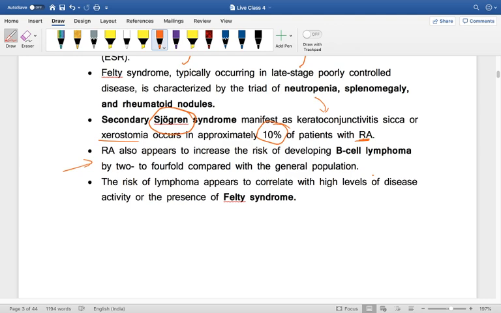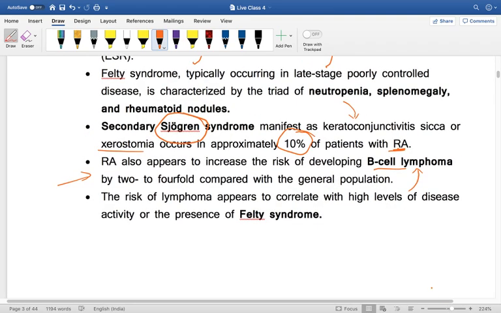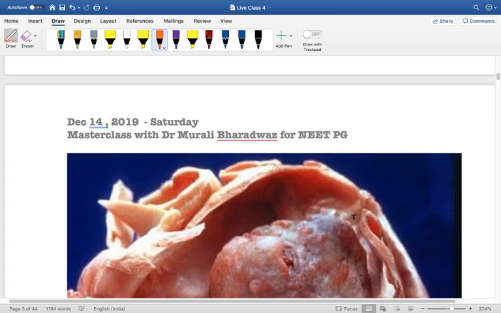Yes. Rheumatoid arthritis increases the risk of B-cell lymphoma, which you have to emphatically remember. Especially those who have Felty syndrome have a high risk of developing lymphoma.